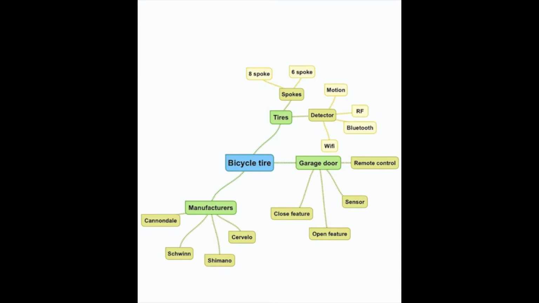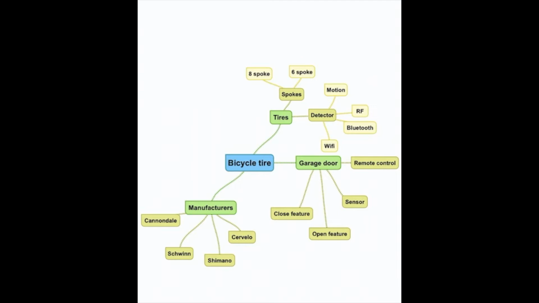So in the beginning, what you would want to ask yourself is, what's the purpose of the invention? Is it a utilitarian device, or does it have an ornamental design? And for our example, we have a utilitarian function.